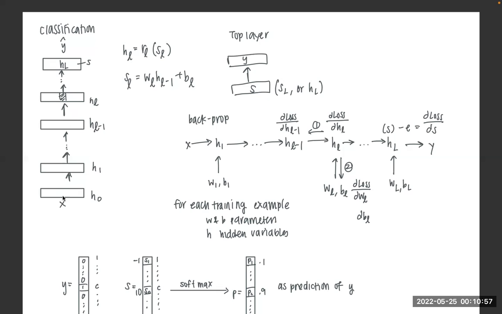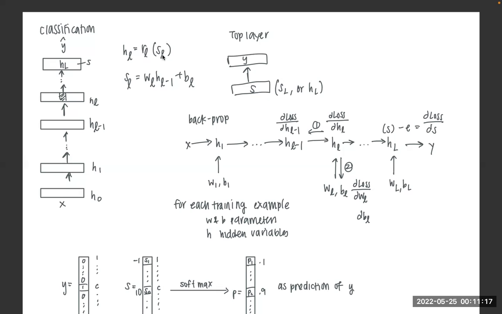In this multi-layer perceptron, I only plot H_L, which is the activities of the neurons or the nodes after this element-wise rectification, for example, sigmoid or ReLU.